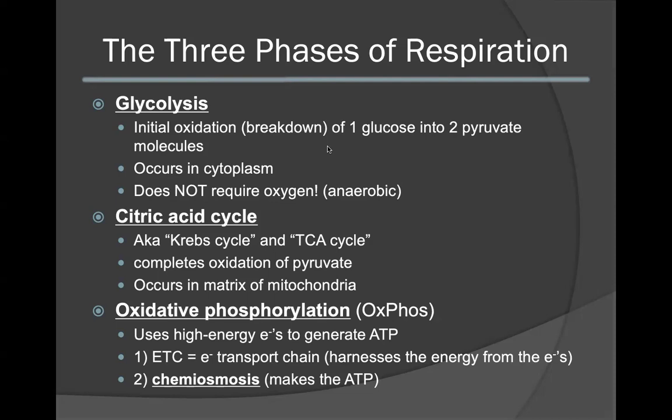The second step of oxidative phosphorylation is where the ATP is going to be made. This is where we have ATP synthase come in that will take advantage of the proton gradient to then create ATP molecules. This also occurs in the mitochondria and specifically the inner mitochondrial membrane, and it also involves the matrix and intermembrane space.